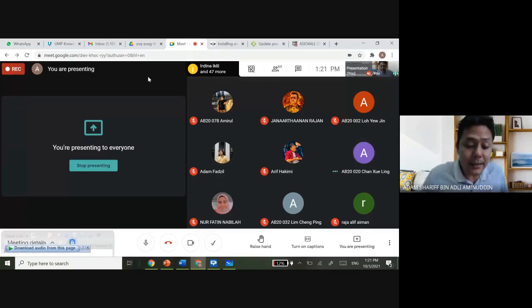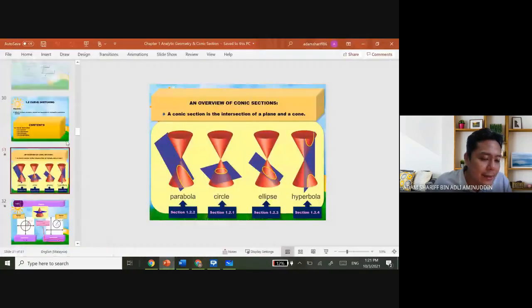Okay, just now during our solution for the tutorial, I said that there is a question about the standard form. Actually dalam nota, dia cakap standard form ni kan.